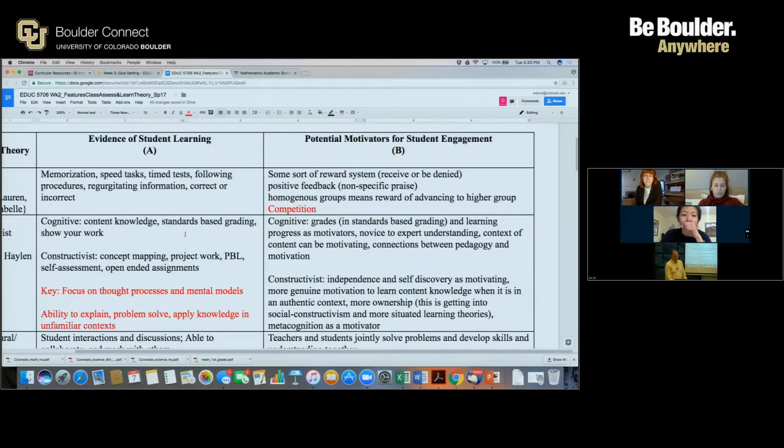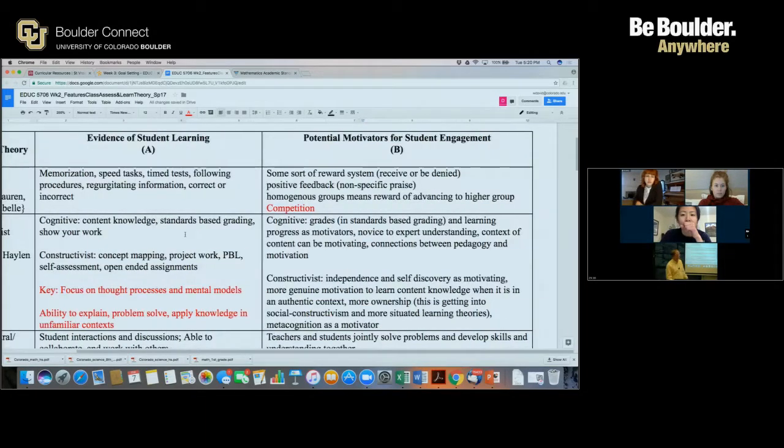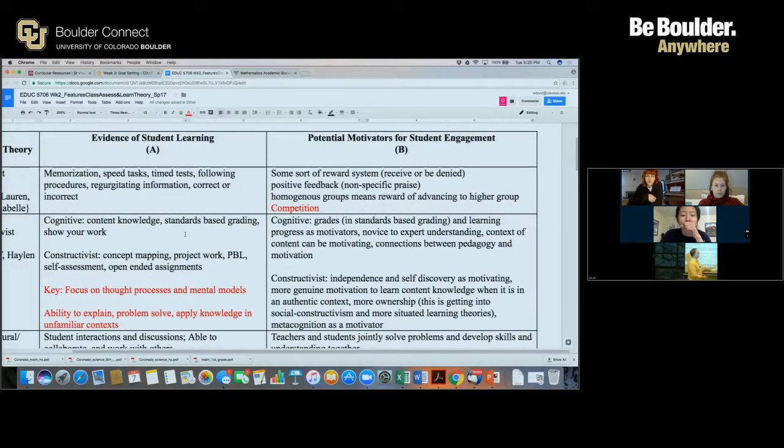There's only one other thing I would add, maybe, for this, and that is the behaviorist perspective. Certainly rewards are a big piece of this, and positive feedback, but competition can also be in play. There's this differential perspective that comes into play.